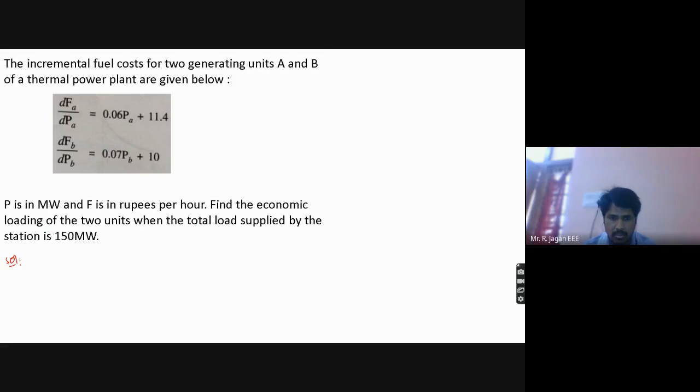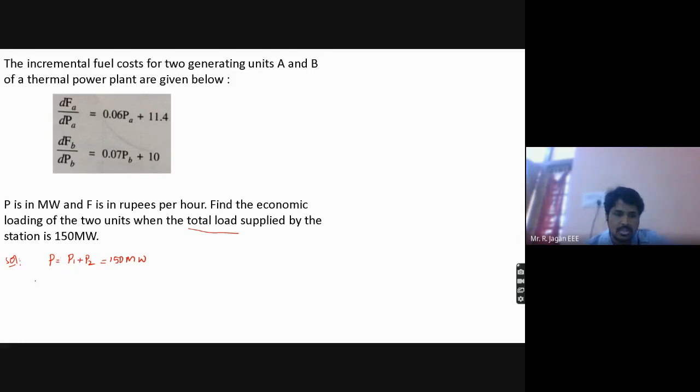The given data: total load P equals P1 plus P2, which is 150 megawatt. I need to give this to the two alternators while maintaining the minimum cost of generation.